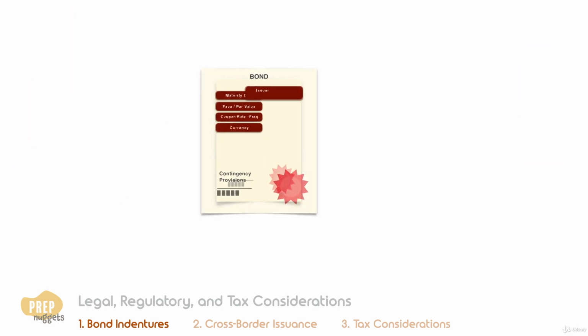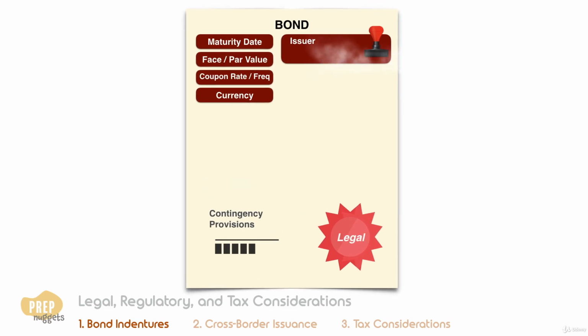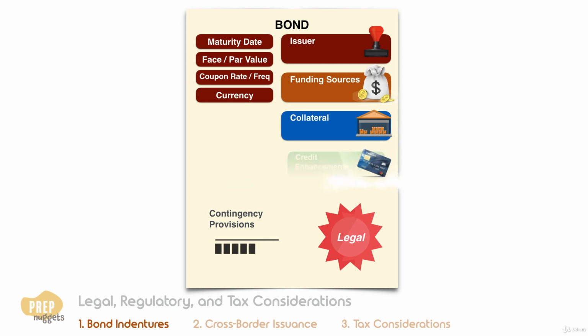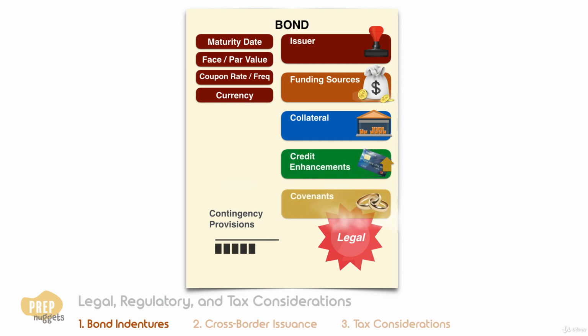Besides stating the issuer and the features of the bond, an indenture also includes information regarding the funding sources for the interest payments and principal repayments, any collaterals, credit enhancements, or covenants. We shall go through each of these 5 items.